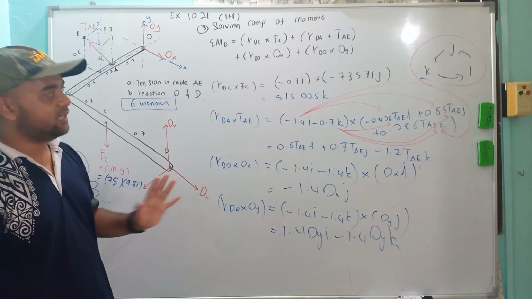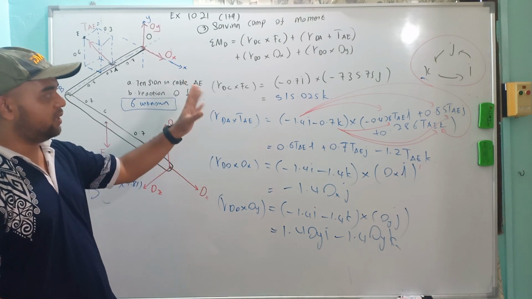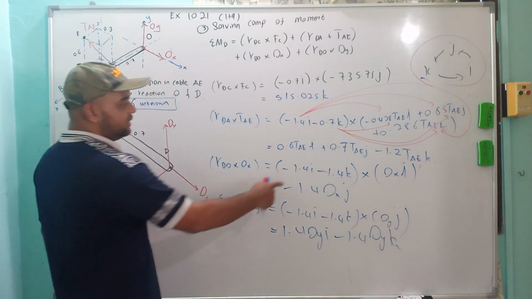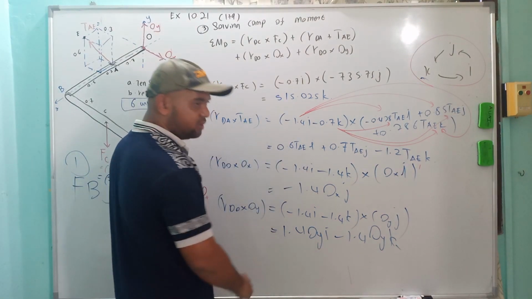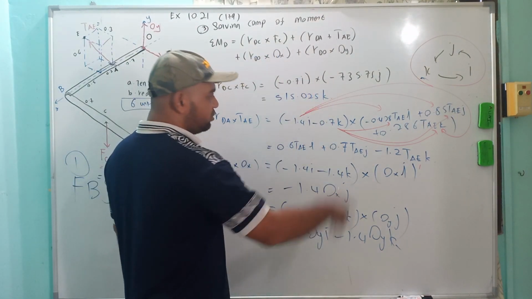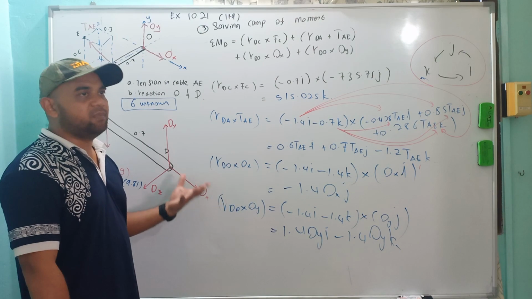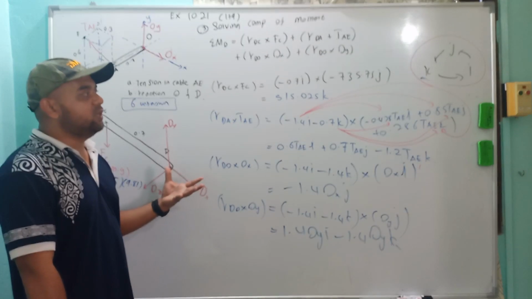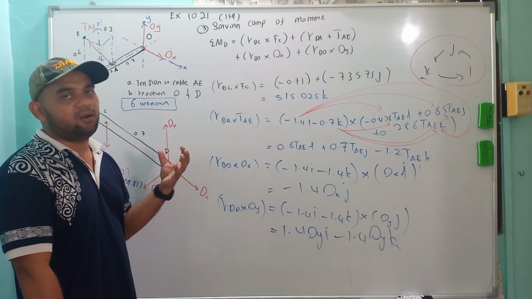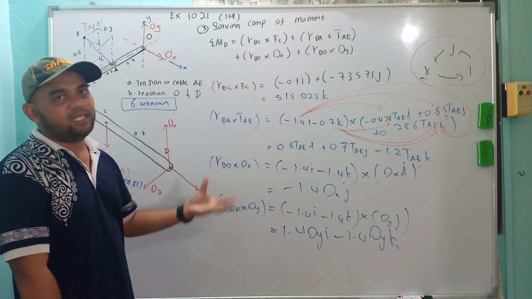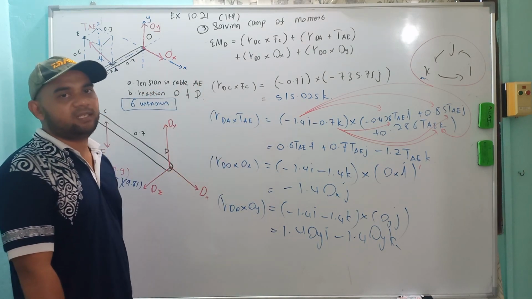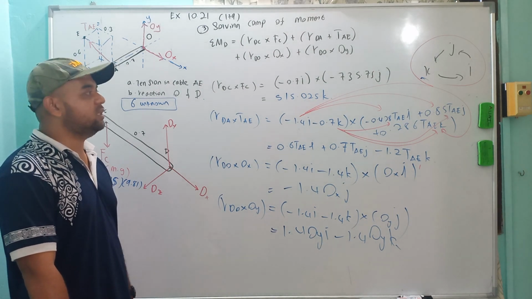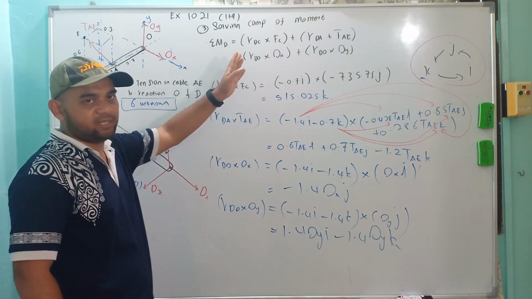If you think you are good enough, you can solve from here. You take directly the i direction sum equal to 0, j equal to 0, k equal to 0. But I'm urging you to use the table, so that you will not make any mistake or lose any information in your calculation, and you will lose some marks. Okay, so we will put this one in the table.